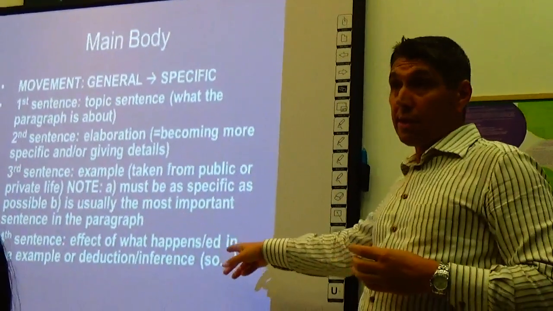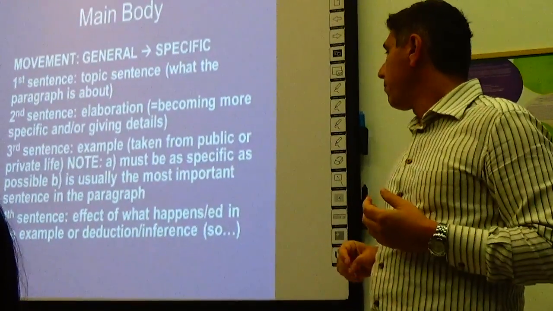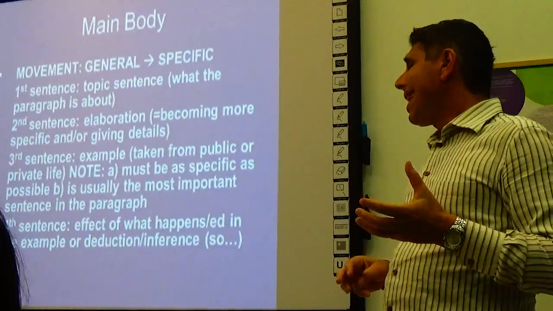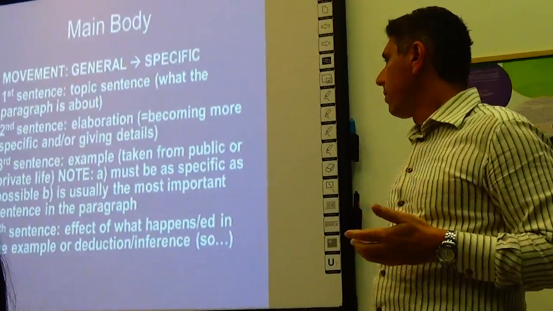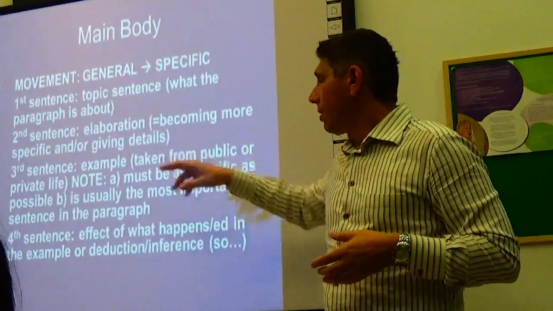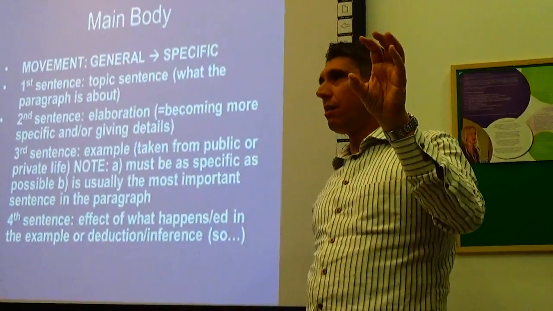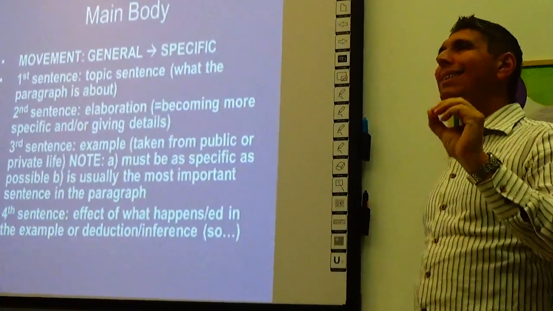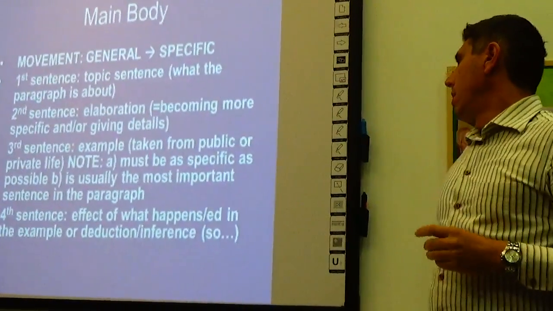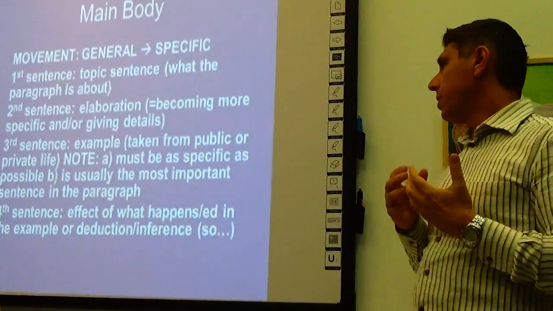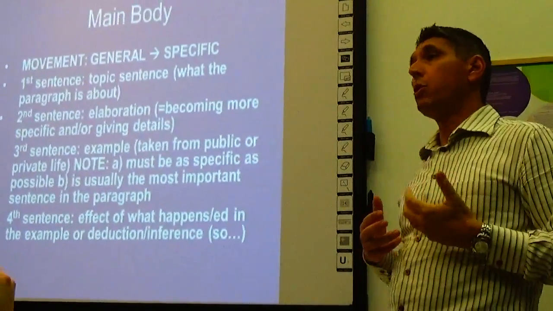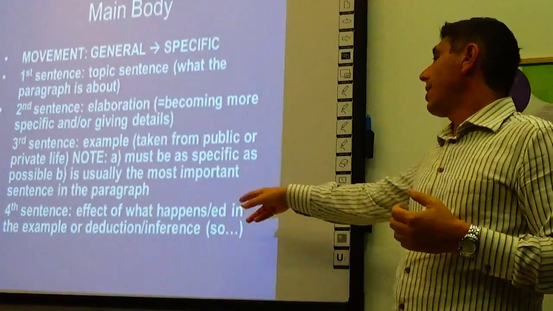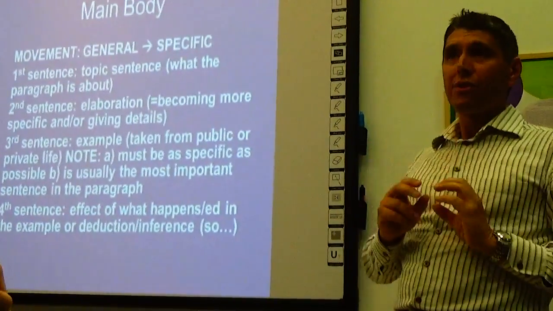And the fourth sentence, or maybe the fifth sentence, can be an identification of the effect of what happens, in this case, with the example that we have provided, what it resulted in, what it led to. Okay. It doesn't have to be that. There is some room for doing other kinds of things at this stage in the paragraph, with the fourth and the fifth sentence.